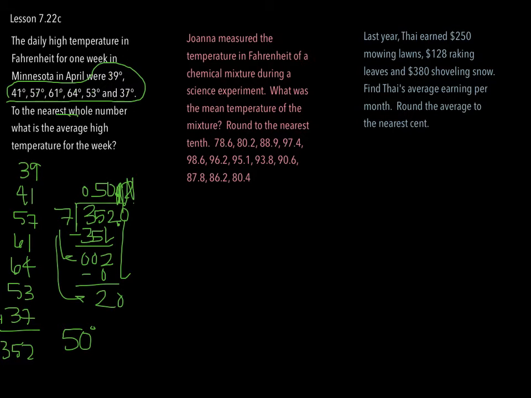Joanna measured the temperature in Fahrenheit of a chemical mixture during a science experiment. What was the mean temperature of the mixture? Round to the nearest tenth. Again, we have a bunch of numbers, and I'm going to use my calculator again. We have 78.6 plus 80.2 plus 88.9 plus 97.4 plus 98.6 plus 96.2 plus 95.1 plus 93.8 plus 90.6 plus 87.8 plus 86.2 plus 80.4, and I came up with 1073.8.